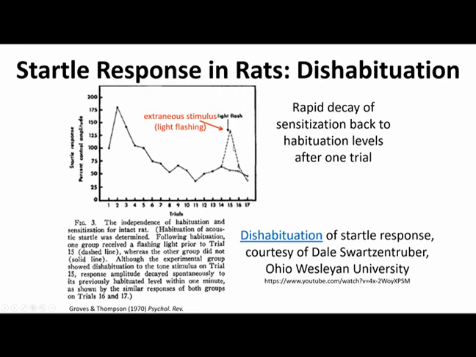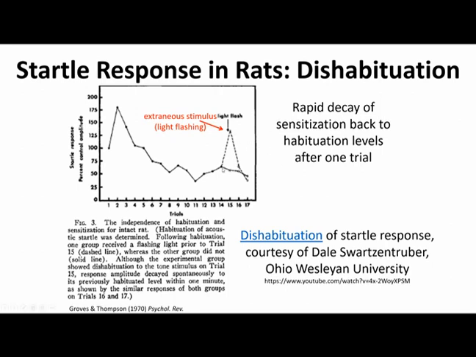And then they go right back to low levels of responding to the tone after that dishabituation effect. So after that light flash has activated their sensitization process, it very quickly goes back to a relaxed sensitization process, and I guess throughout all of this, their habituation process would stay pretty much constant.